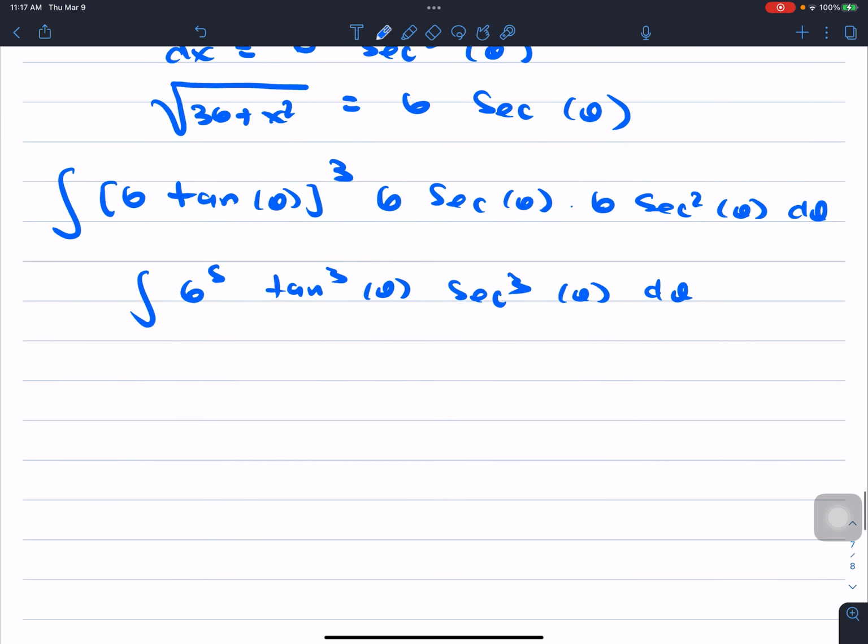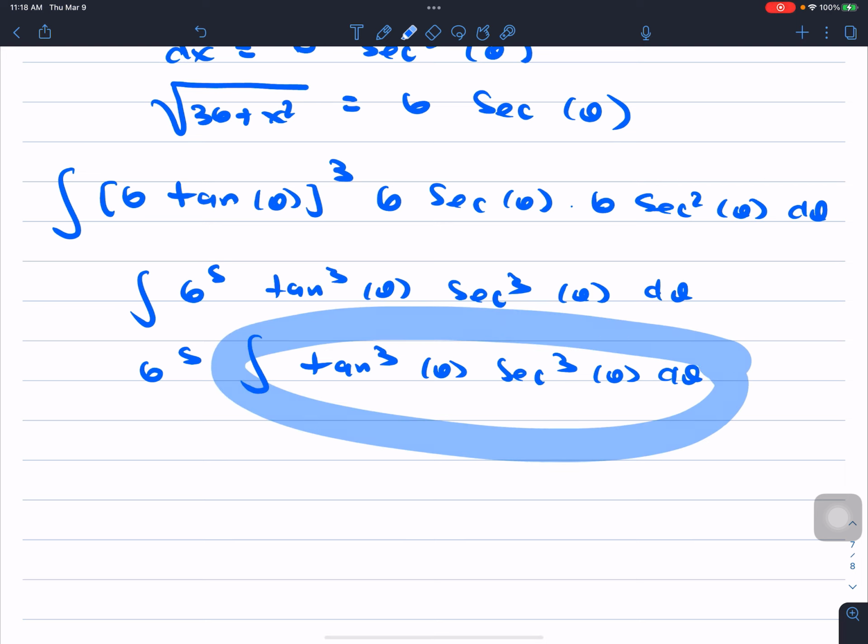Can I pull out my constant of 6 to the 5th power? Now I got tangent cube theta, secant cube theta d theta. Okay. What do you guys recognize this as right in here? What is this?